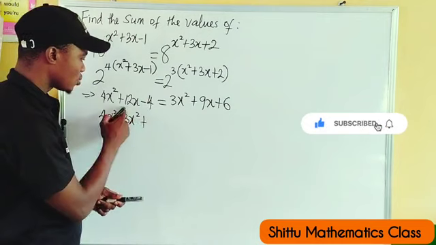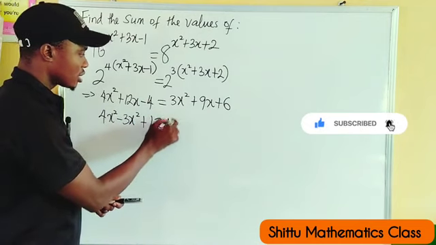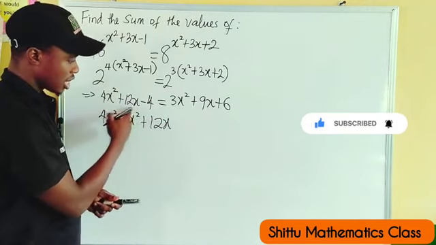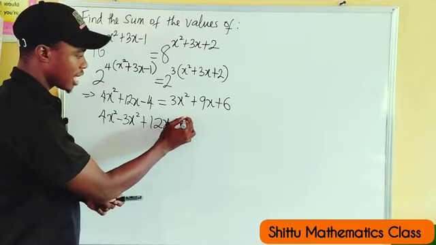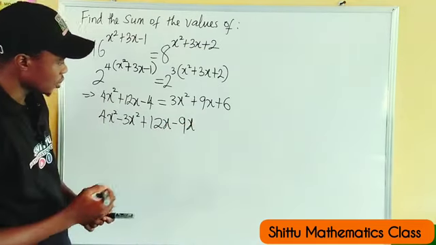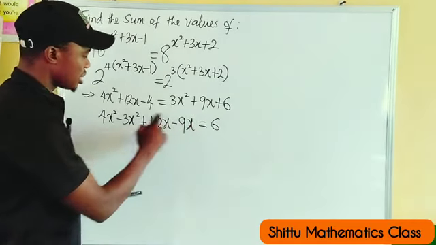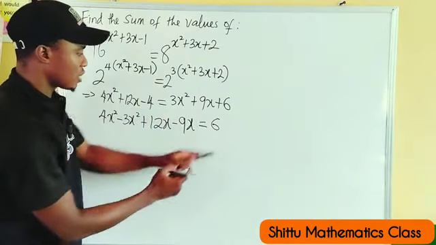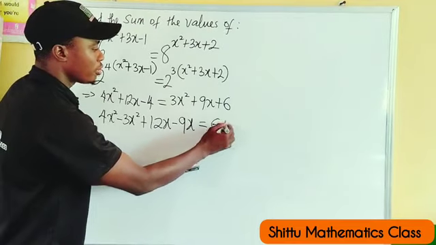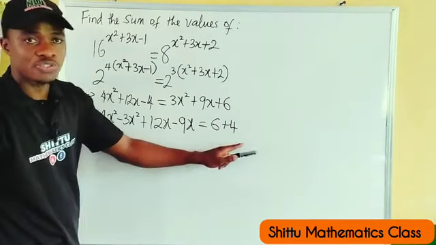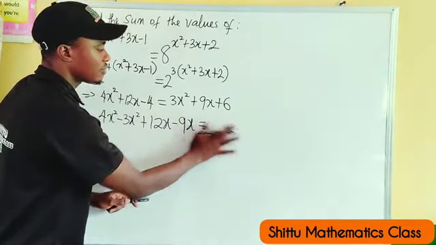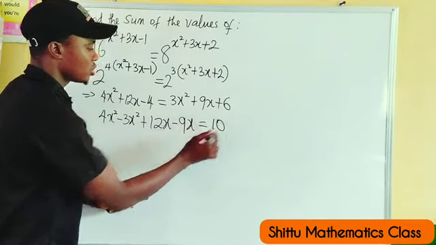So we have this 12x, then this 9x also coming here. Then equals to, so we have 6 here, let it be there, then send this one to this side, we are going to have plus 4. Then 6 plus 4, we are going to have 10.